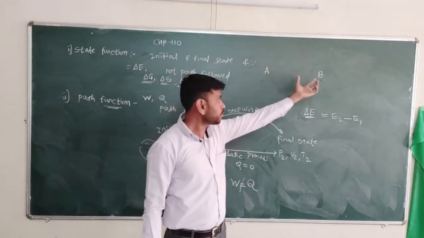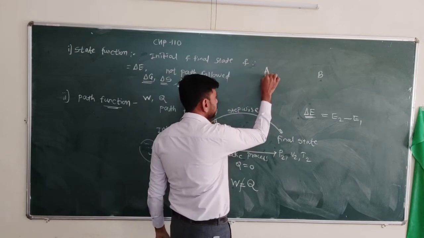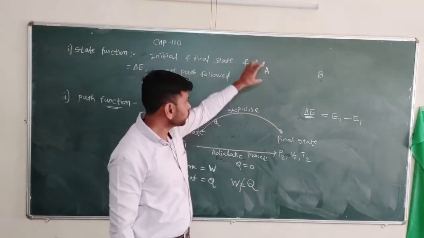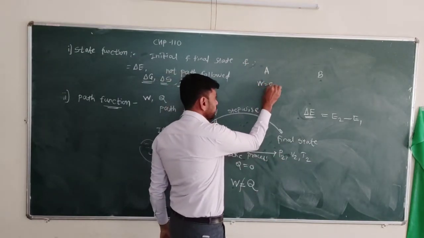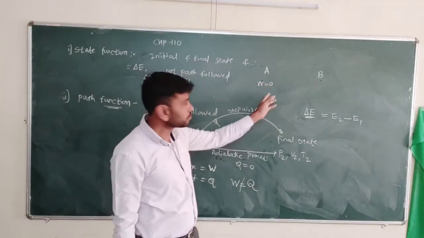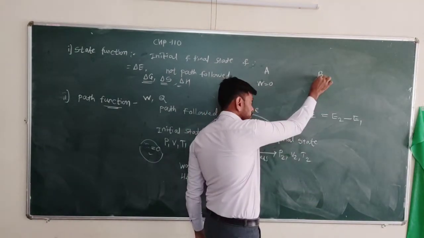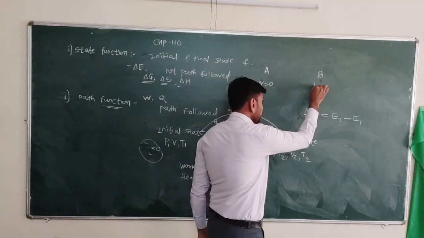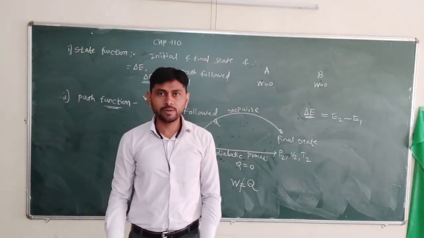When you are at point A, if you stand here at point A, then your work done will be 0. After some time, if you stay at point B, then W is equal to 0. If you are standing here, there will be no work done.